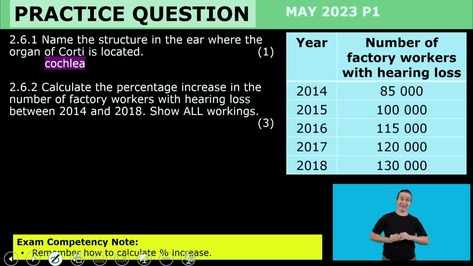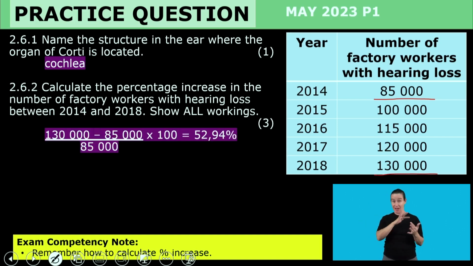262. Calculate the percentage increase in the number of factory workers with hearing loss between 2014 and 2018. Show all working. So you are looking at 85,000 and 130,000. And this is how you calculate.